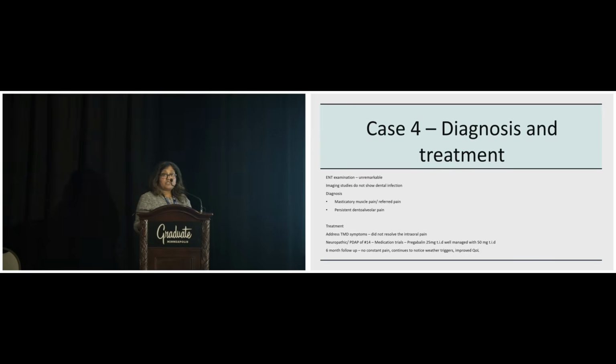So medication management is usually the first line after multiple medication trials. He's seeming to be well managed with pregabalin and is on a long-term follow-up. Doesn't have any more of that constant annoying pain, continues to have those triggers during spring and fall, at which time we put him on an acute medication or increase his pregabalin dose and bring him back to baseline.